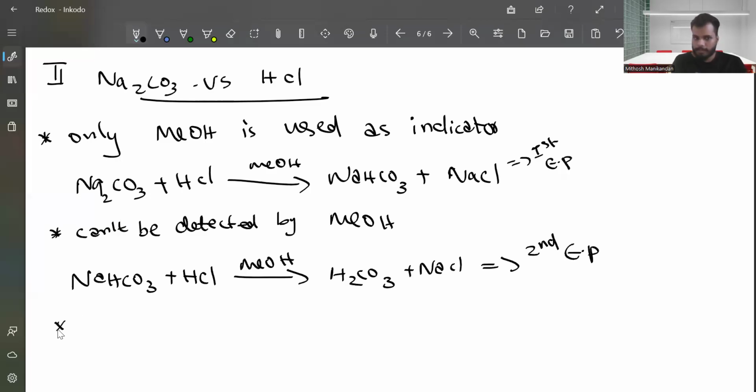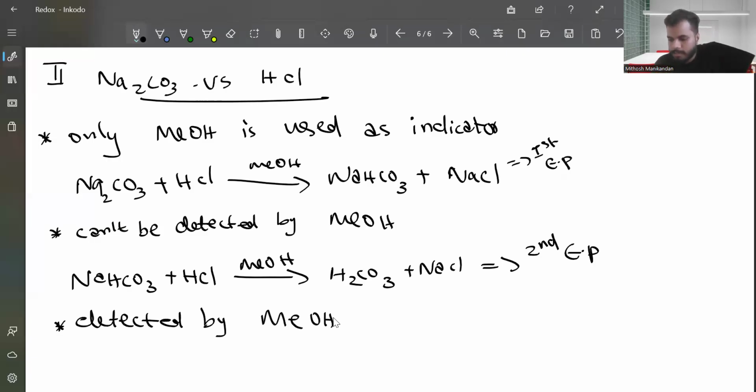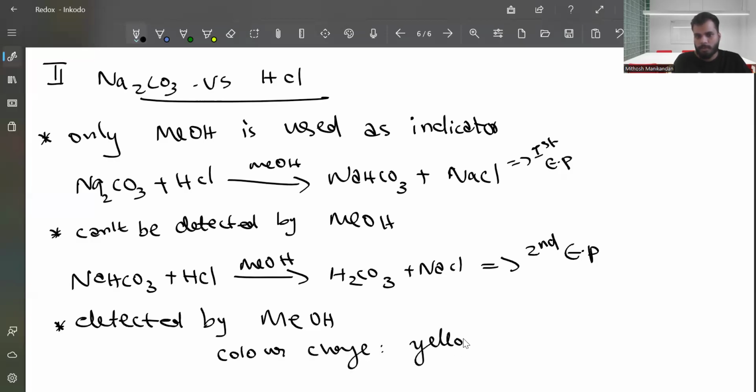Now here the color change happens, so you can write detected by MEOH. And how can we see this second point detected by MEOH? The color changes from yellow to red. Okay, so you can see that.